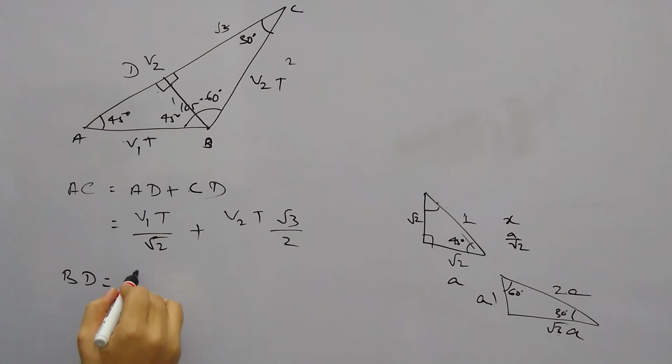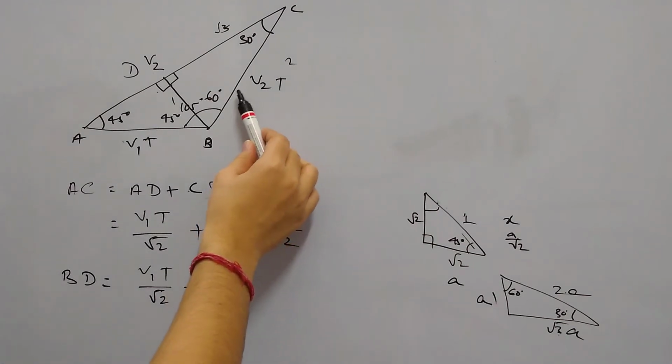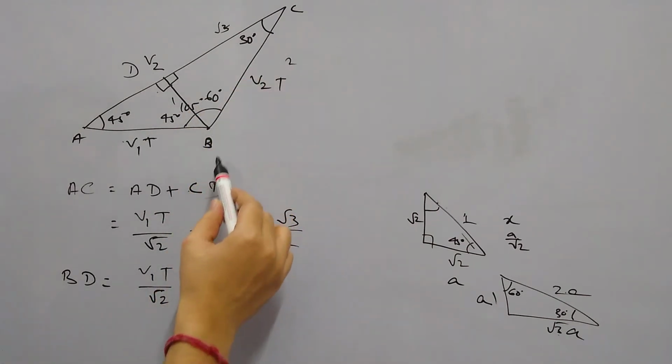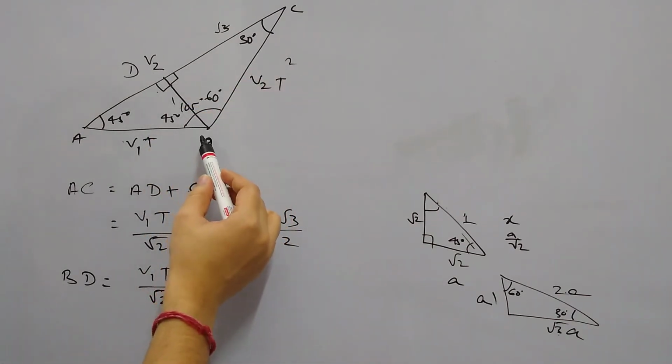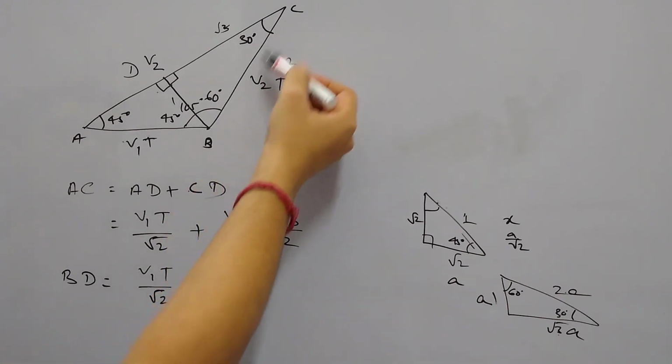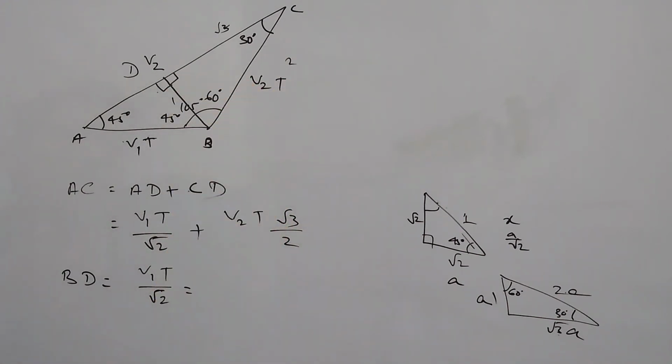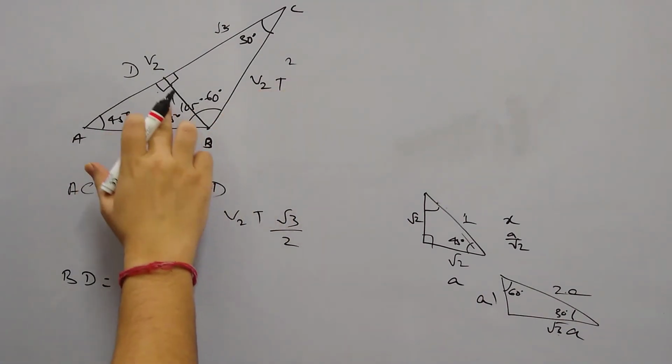So BD would be V1t by root 2. And if we look at triangle BCD, then from here BD would be, we know side BC. So BD would be V2t by 2.